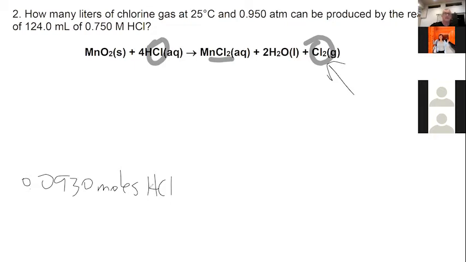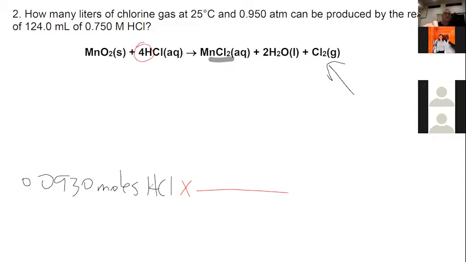So now, how do we get from moles of HCl to moles of chlorine gas? What do we multiply this by? The molar ratio. Where do you find that? You'd look at the 4 HCl and then the Cl2.